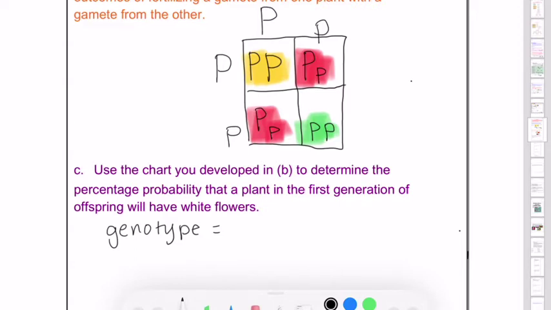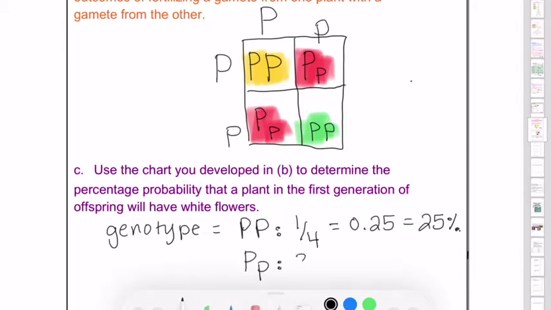And we just want to write those as a percentage probability here. So our big P, big P, what is our percent? Well, it's 1 in 4, which is equal to 25%. Our big P, little p, there's 2 out of 4 of them, which is 50%.